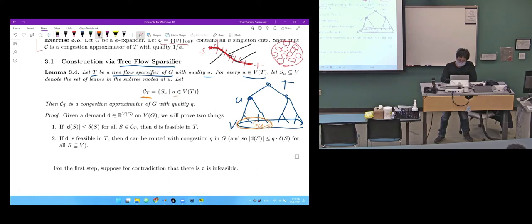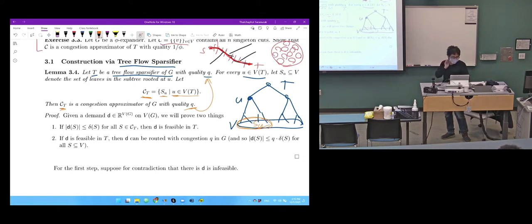For every tree node in the tree flow specifier, take this S_U. So really, from this tree you get a laminar family, and each set in the laminar family is just your congestion approximator. And the quality of this is going to be Q, just like the quality of the tree flow specifier.